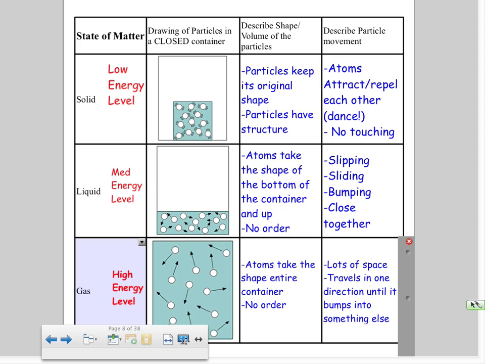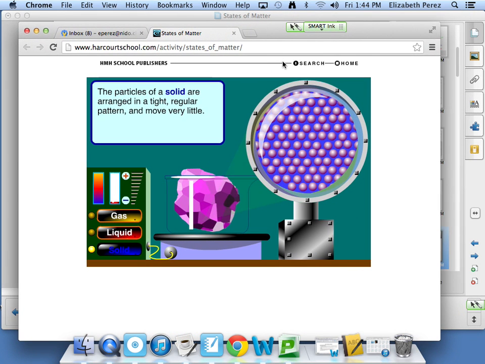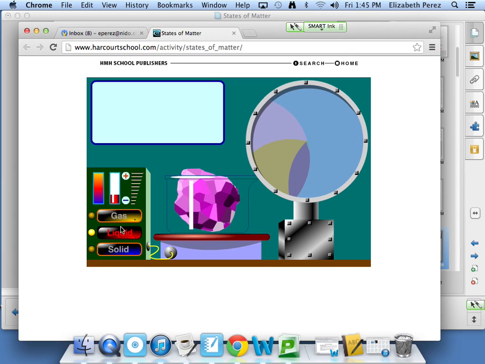Let me show you a really quick video or a simulation of what a solid looks like. So here, notice that the solids are moving back and forth, and they stay very still. They're very attracted to each other. But as we add heat, notice the temperature is starting to increase.